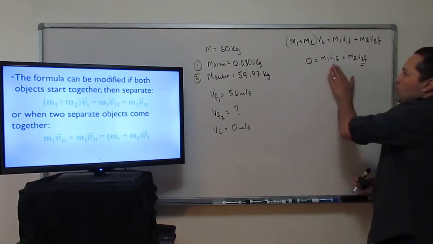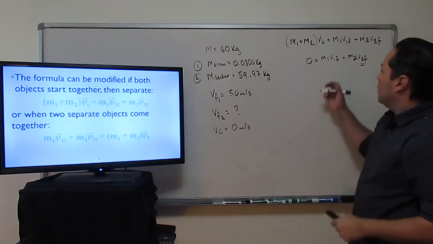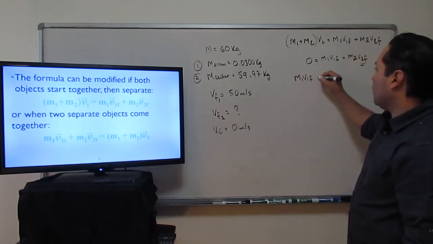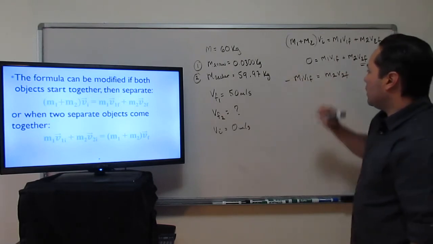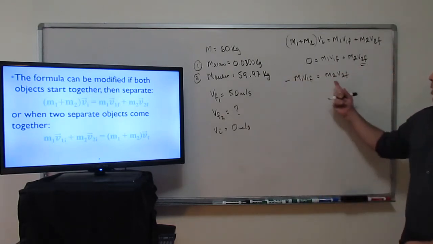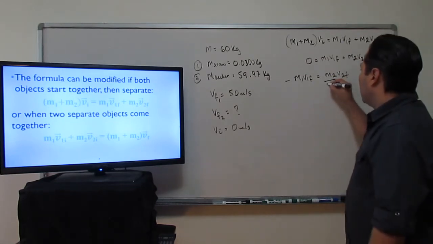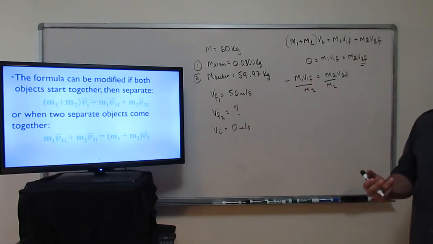So that's what we're solving for. I'm going to begin by moving over the mass times velocity of object 1 final, negative. And now I'm going to divide both sides by the mass of object number 2 to isolate velocity final of object number 2.